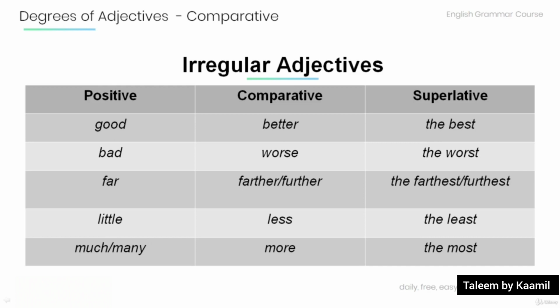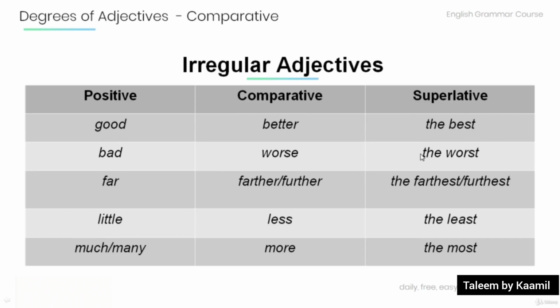Now let's have a look at the following table, where we can see how we can form the comparative and the superlative forms of irregular adjectives. Positive, good. The comparative form of good, better. Superlative, the best. Bad, comparative form, worse.